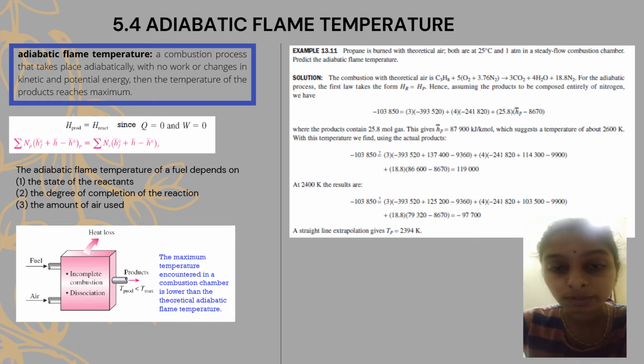The formula is available in the slide. The adiabatic flame temperature of a fuel depends on, first, the state of the reactants, second, the degree of completion of the reaction, and third, the amount of air used.